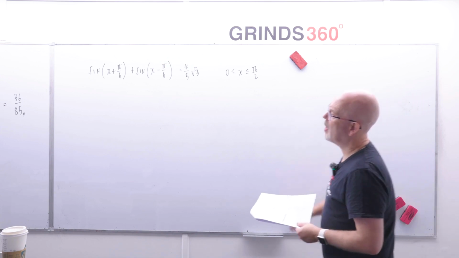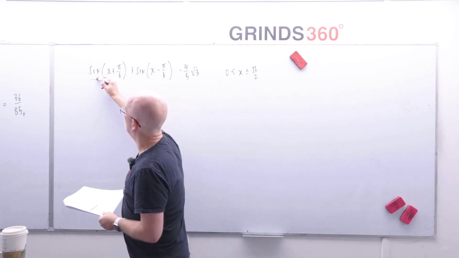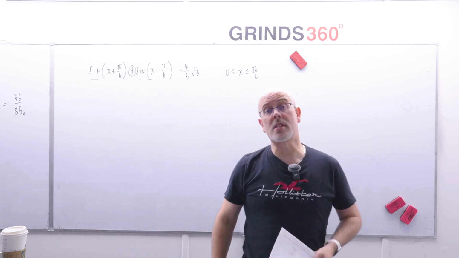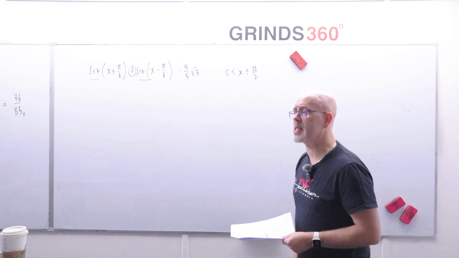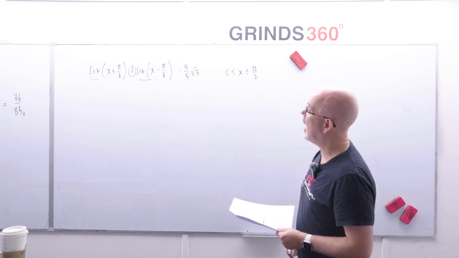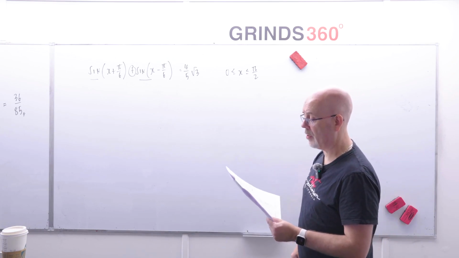So first of all, notice what I've got here. I've got one sine plus another, the sum of 2 sines. So I'll go to the bottom of page 15 and I'll find a formula for what that looks like.